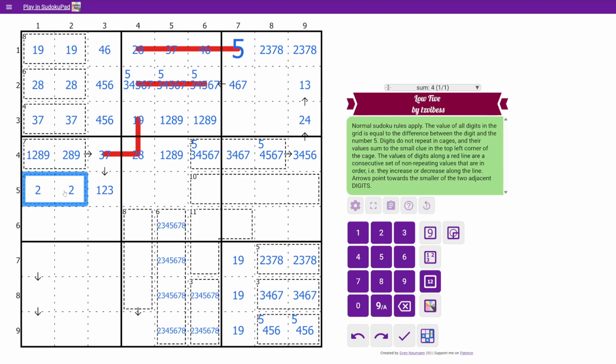So that's 2, 8, 4, 5, 6. Yeah, I mean that's still all of those. Which is quite crazy.